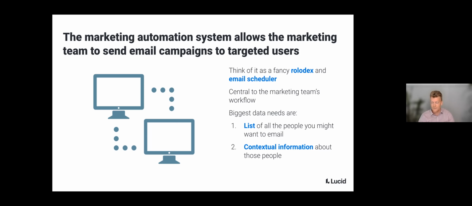They're in it every day, and that's a detail that becomes pretty important later on in our conversation. The biggest needs for this fancy Rolodex is just really having a list of all the people that you might want to email, and then contextual information about those people that might tell you how to do the email.